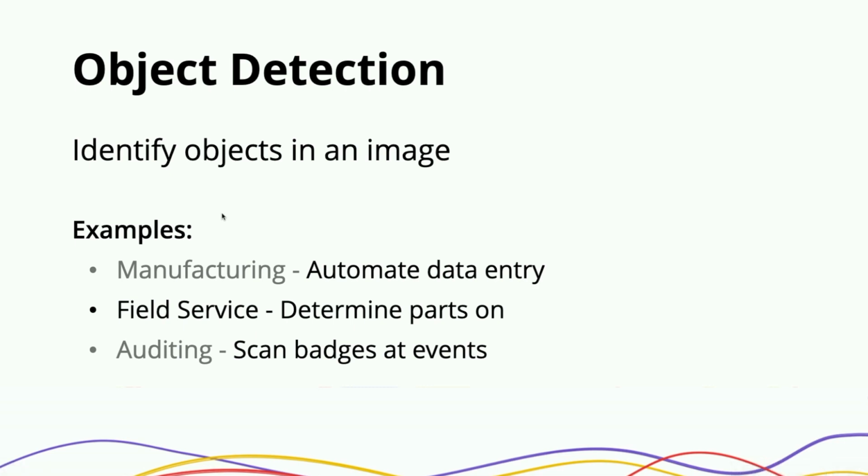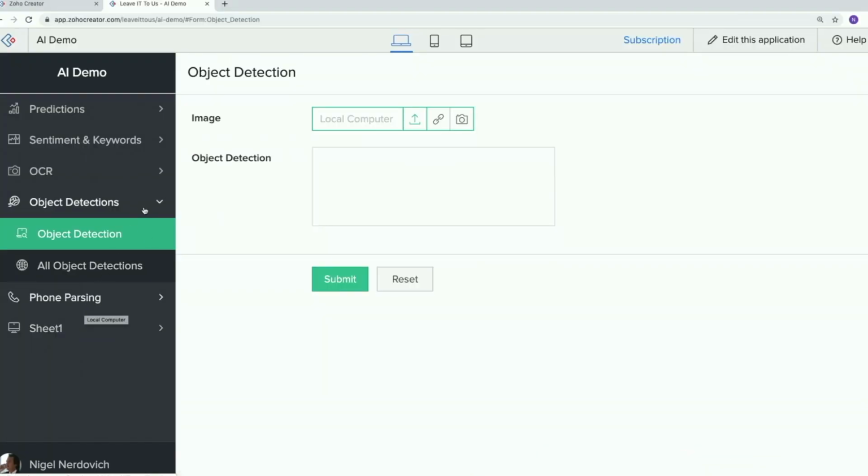You have a faster way to enter data into an application. Maybe you want some kind of thing where your workers can just take a photo of something and look up what part number that is on their phone. That could be super, super useful. Or you could use it for like auditing purposes. That's another idea. So this one is pretty fun.